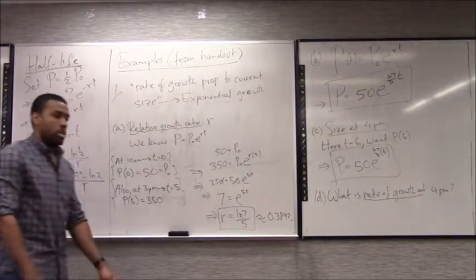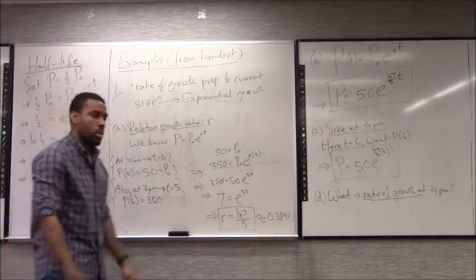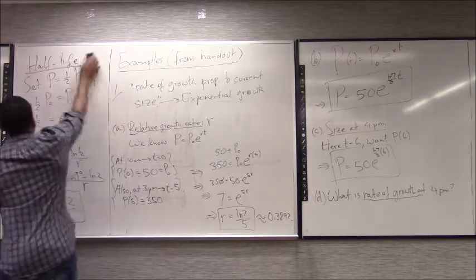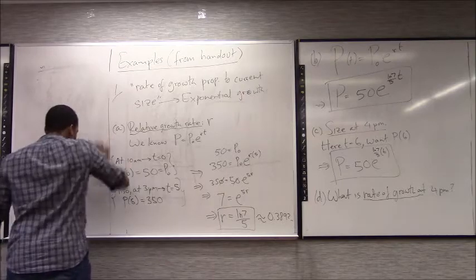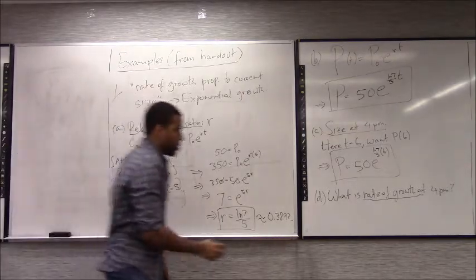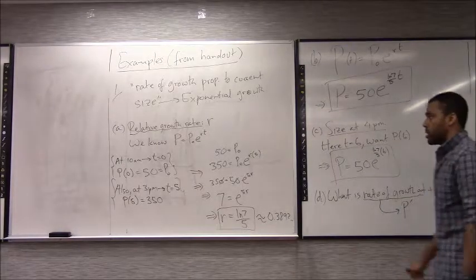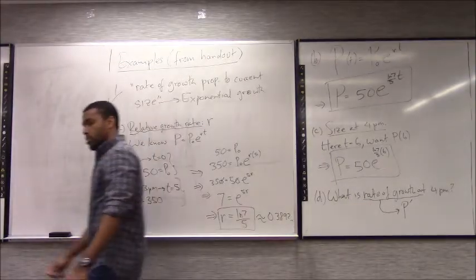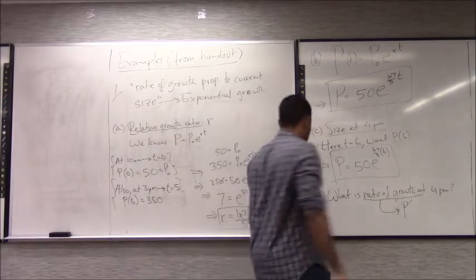Relative growth rate refers to R. When I talk about rate of growth, I mean the rate of change of P overall. In other words, when you see the phrase rate of growth, it's talking about P prime. You'll use the word relative or the growth constant if you want to refer to the R. It's a matter of convention.